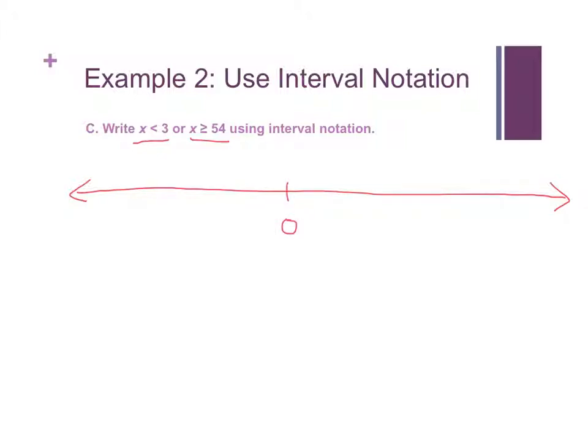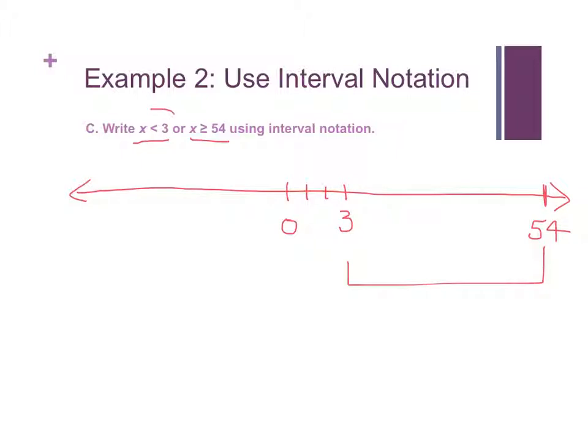I'm just going to sketch or estimate where 54 and 3 would be on the number line. 3 might be here, and 54, let's just say, is way down here. There's a whole lot of numbers in between 3 and 54, but I'm not going to label out 54 tick marks on my diagram.